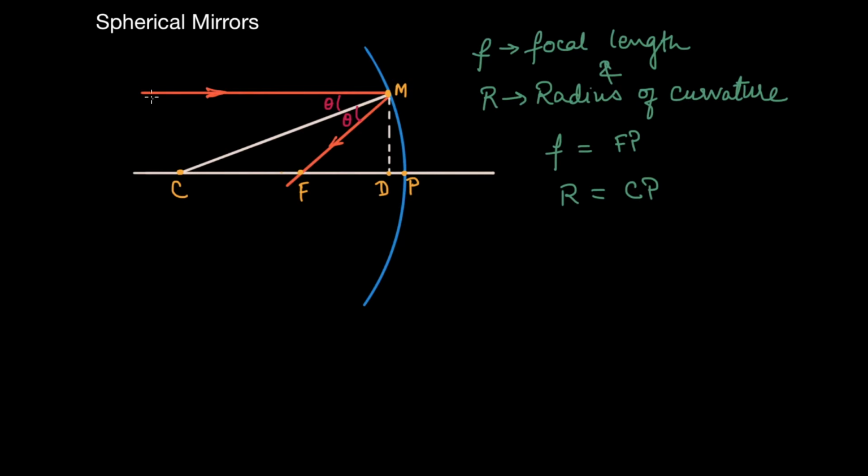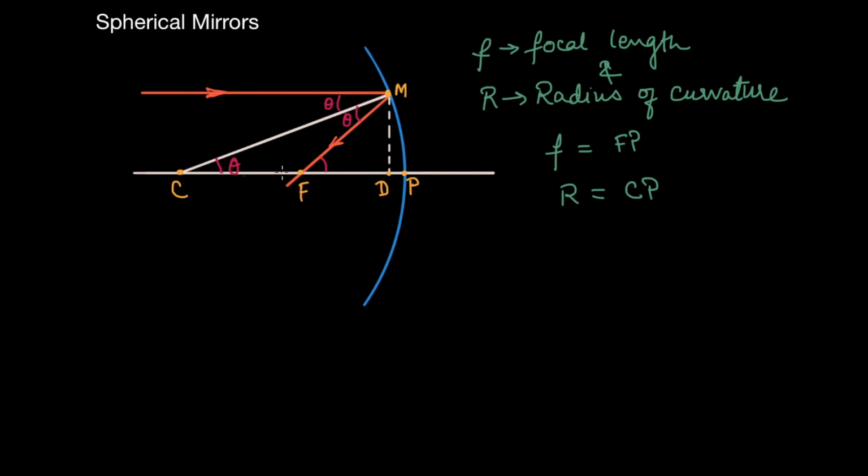And also, since the incoming ray is horizontal, it's parallel to the principal axis. So if this angle right here is theta, what is this angle going to be? That angle is also going to be theta. So this angle here is also going to be theta. And then what is this angle right here?